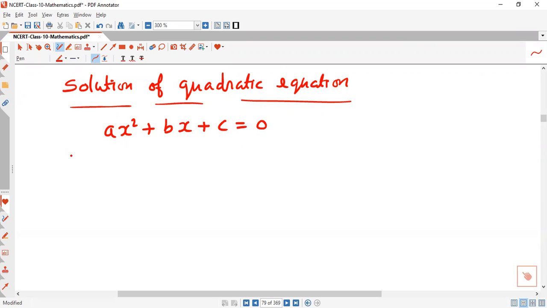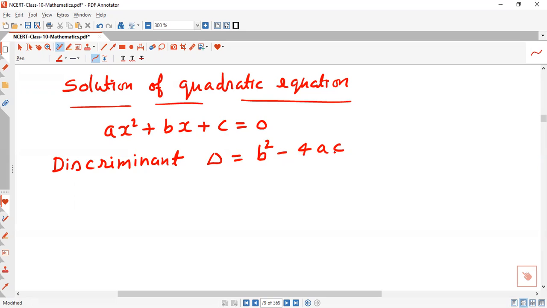So for this one, first we find out the discriminant. So discriminant, delta, will be equal to what? b square minus 4ac. This is the discriminant.